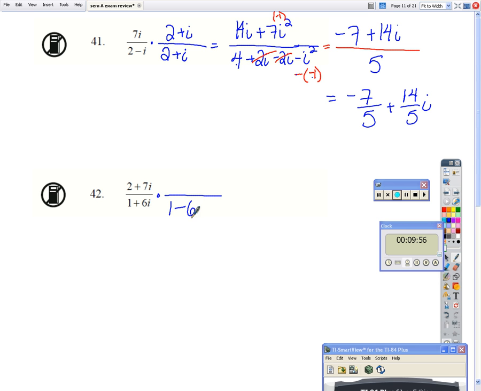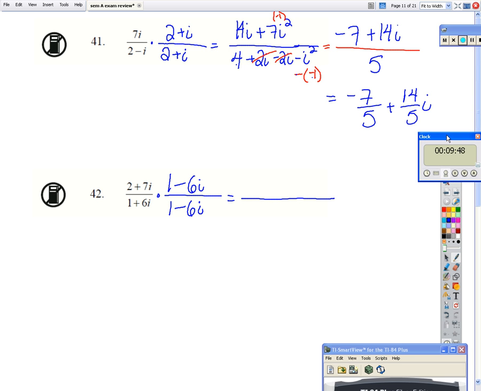So we're going to do the same thing for 42. You know, multiply by the complex conjugate, the top and bottom. So we can think of this as a double multiplication problem. 2 times 1 and 2 times negative 6i, 7i times 1, and 7i times negative 6i.